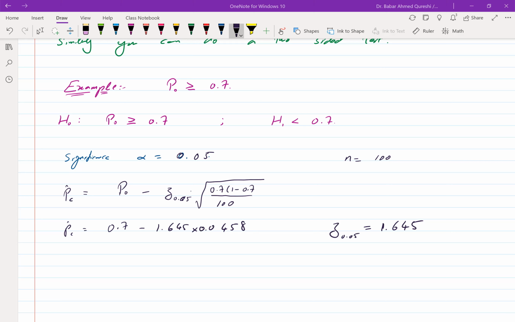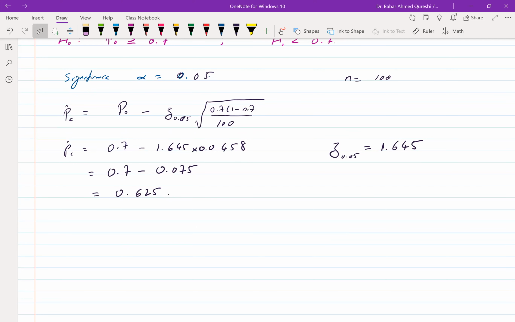Times 1.645. So this is 0.7 minus this number, which comes out to be 0.075. So 0.7 minus 0.075 gives me 0.625.